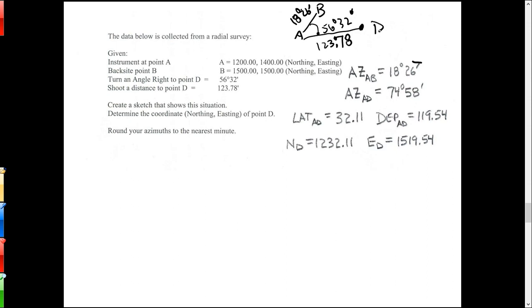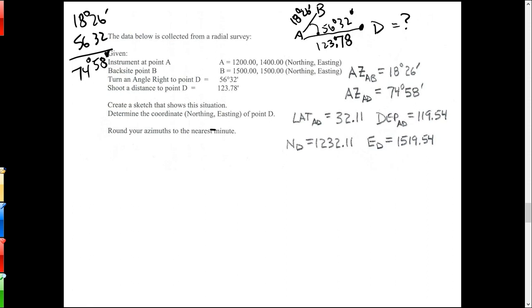Okay, so this is point D. All right. So you're at 18 26 and you turn a 56 32, 74.58.